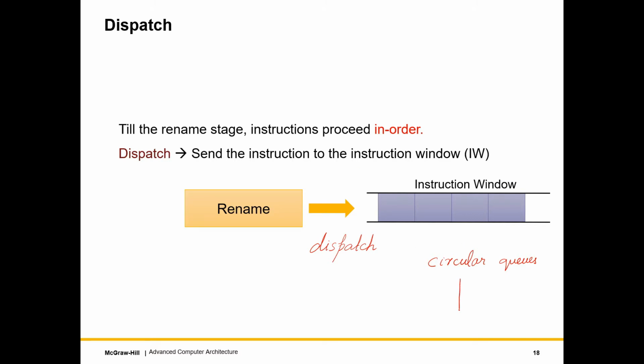So what we have is a single array of entries, and as discussed before, we have multiple pointers, two in this case, a head and a tail, and they wrap around. This is a very standard design that is used in a large number of hardware structures. The instruction window most of the time uses something similar.